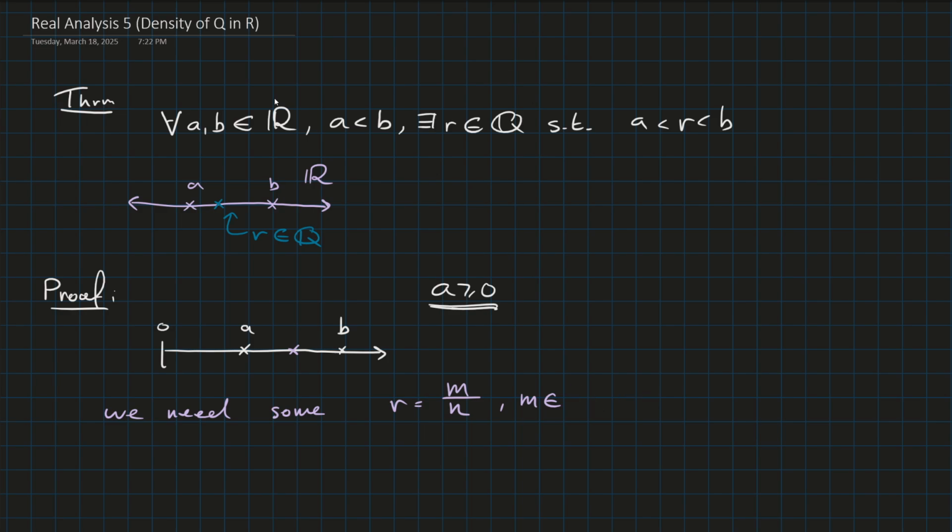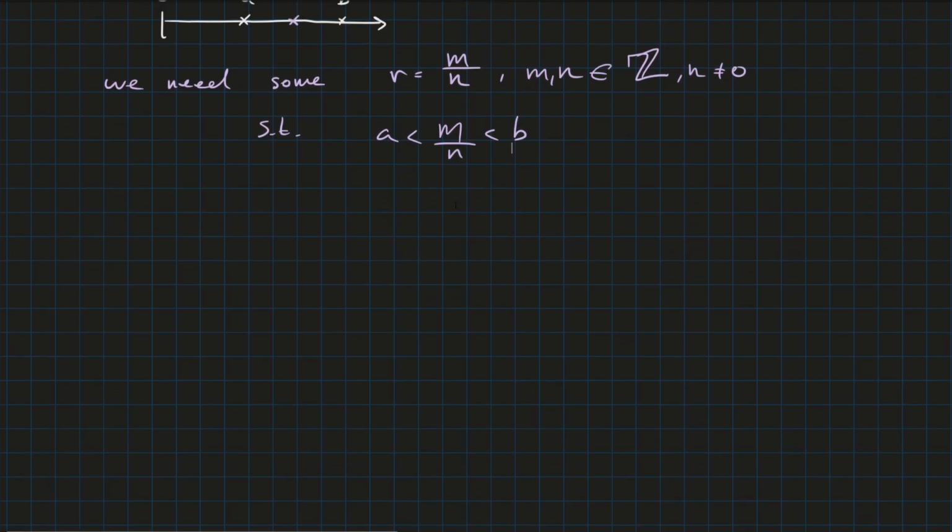But whatever, we can just call them integers M, N in Z, but we're saying it's positive. So integers M and N, of course with N not equal to 0, such that M over N is between A and B.